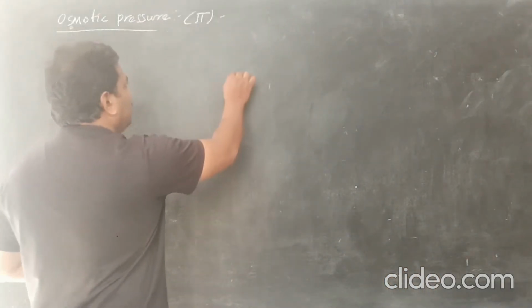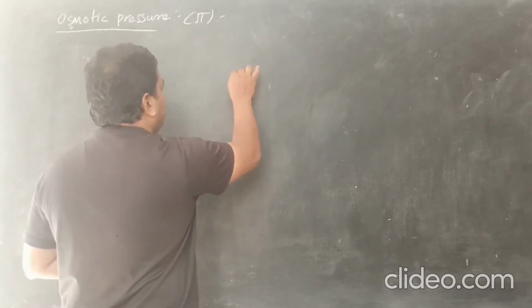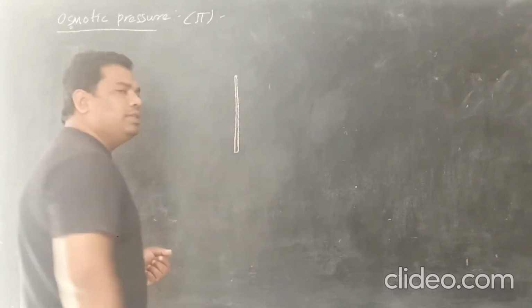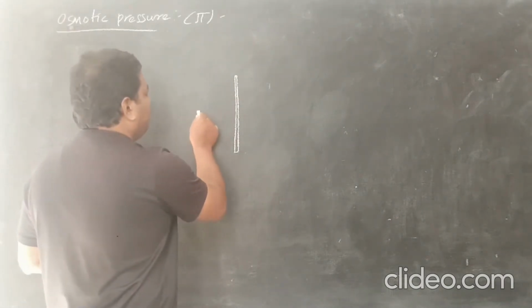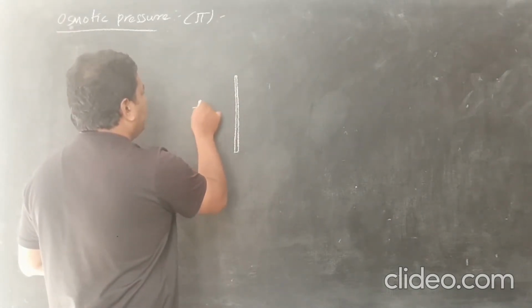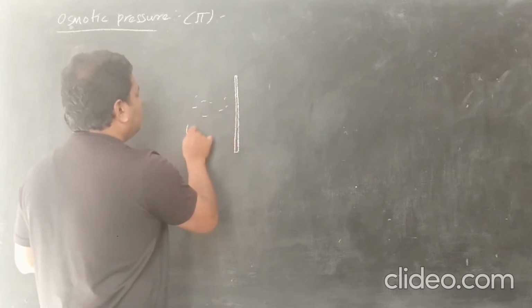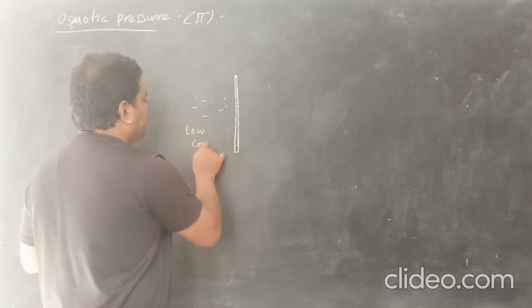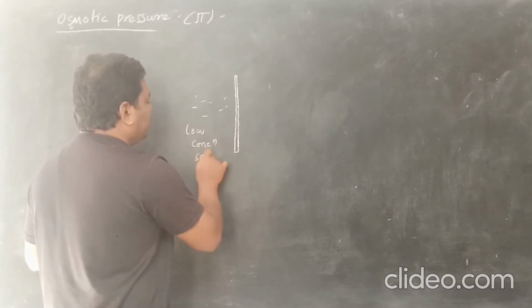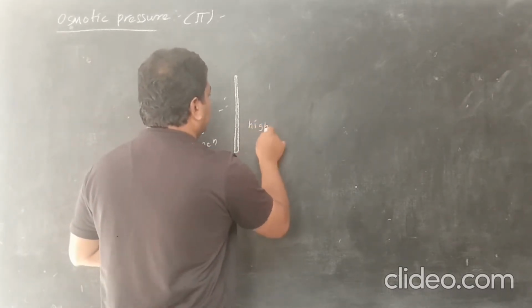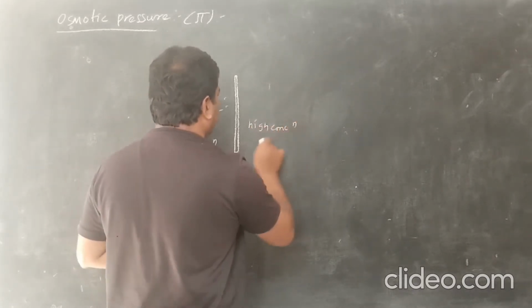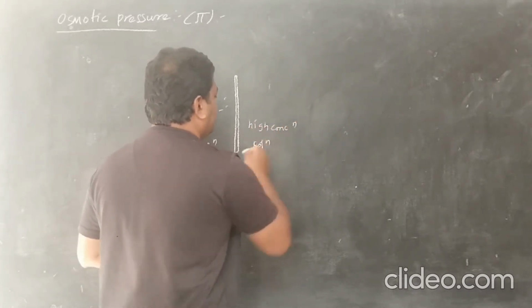For example, this is a semi-permeable membrane. Here is the flow of solvent molecules. This is a low concentration region, a low concentration solution, and this is a high concentration region or high concentration solution.